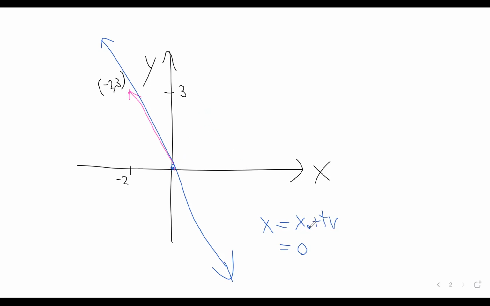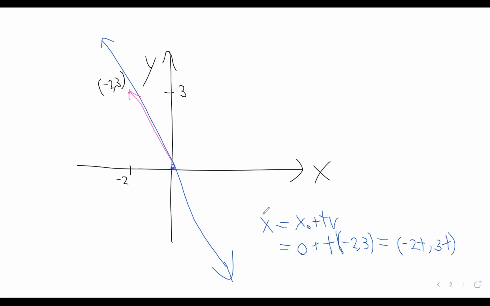And then we add to that tv, where v is a vector that lies on this line. So that's -2, 3. Okay, so the vector is -2, 3. And so when you multiply this by t, you get -2t, 3t.